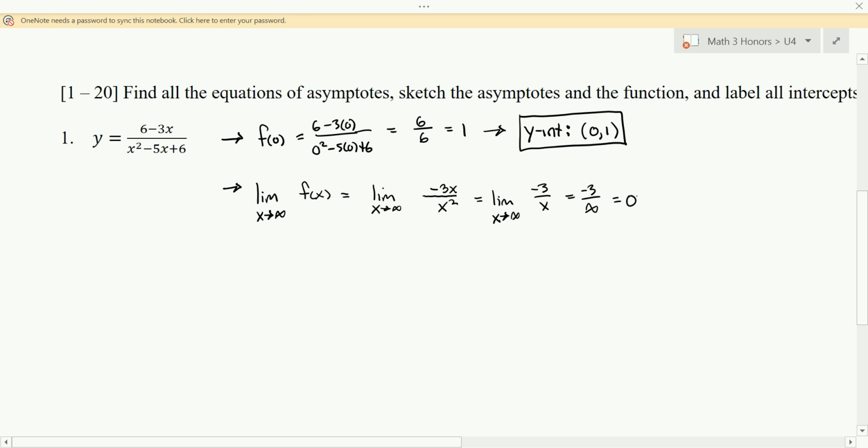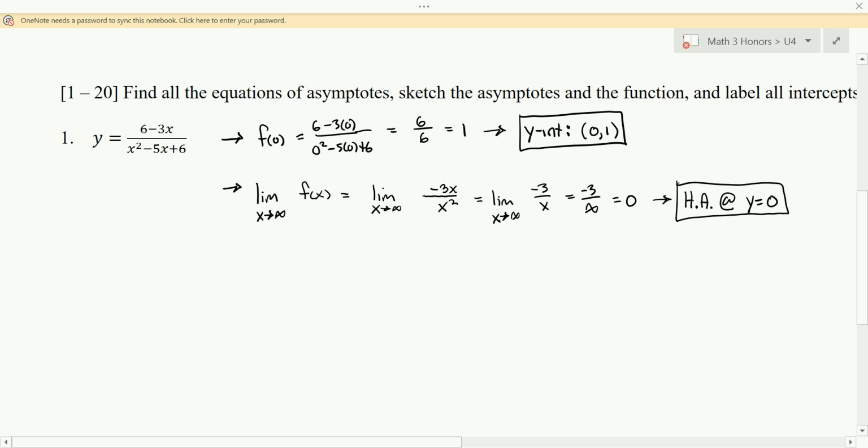The whole reason we did this was to tell us that we have a horizontal asymptote. Where? y equals 0, right? Make sure you write it as an equation. So box that in.